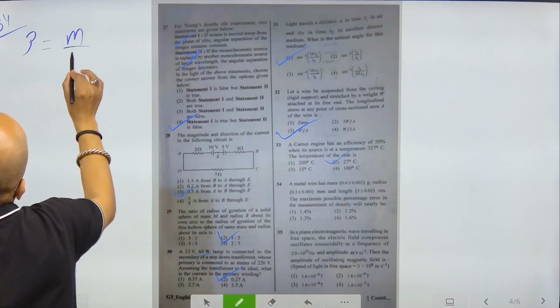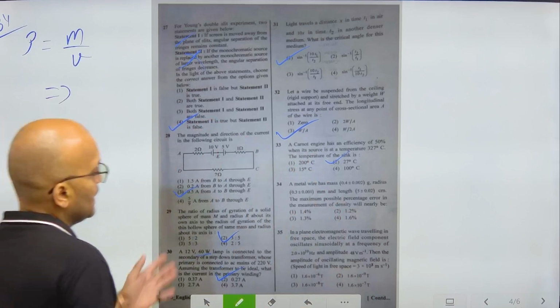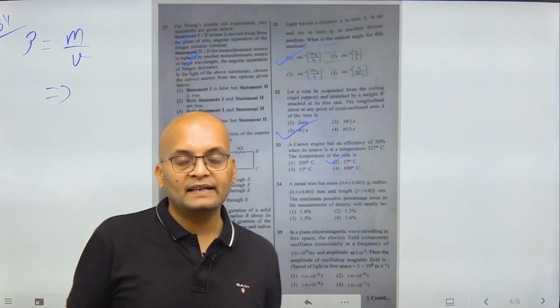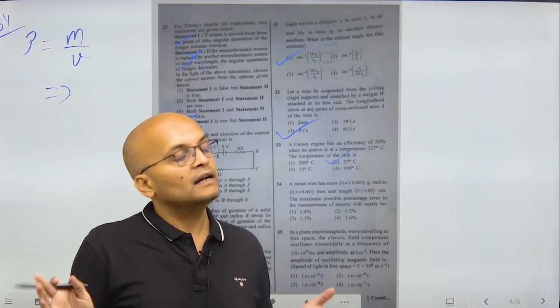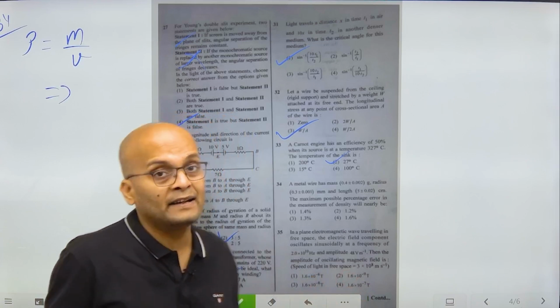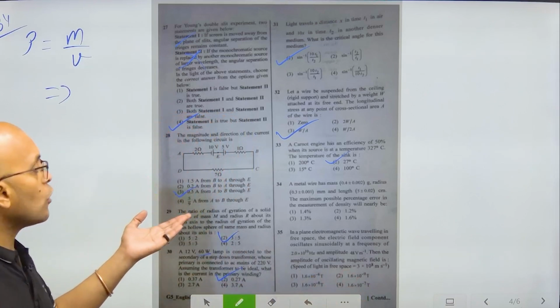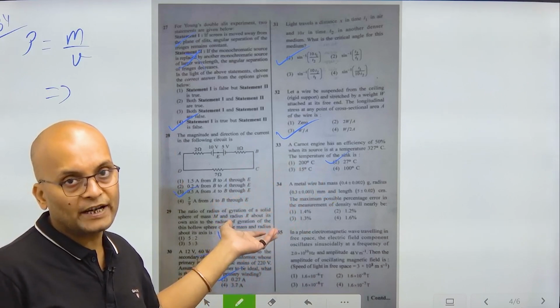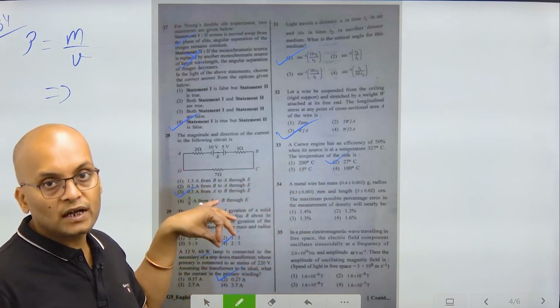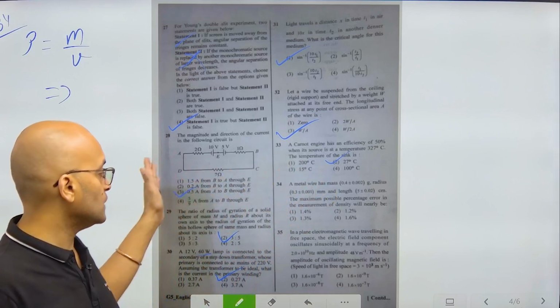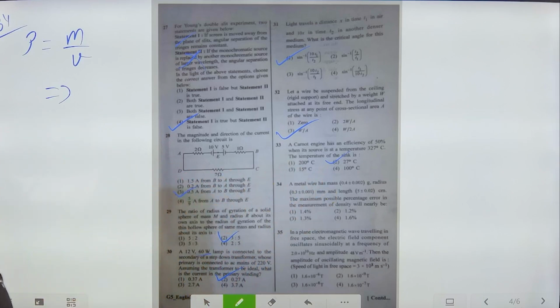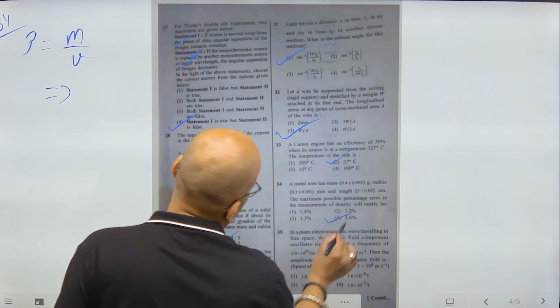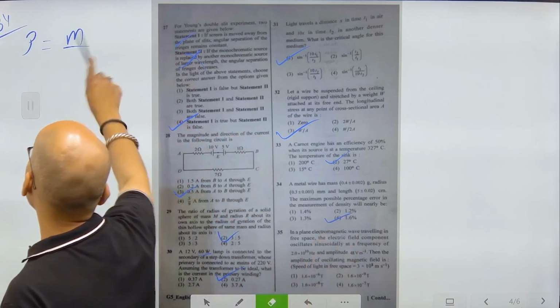Density is mass upon volume, and here when we are multiplying and dividing, error propagated gets added up. Volume can be found out by multiplying. Radius is given, pi r square into L. You can do area into length, will give you the volume. Anyway, when you calculate it, it will come out as 1.6%. Calculation was there, nothing else.